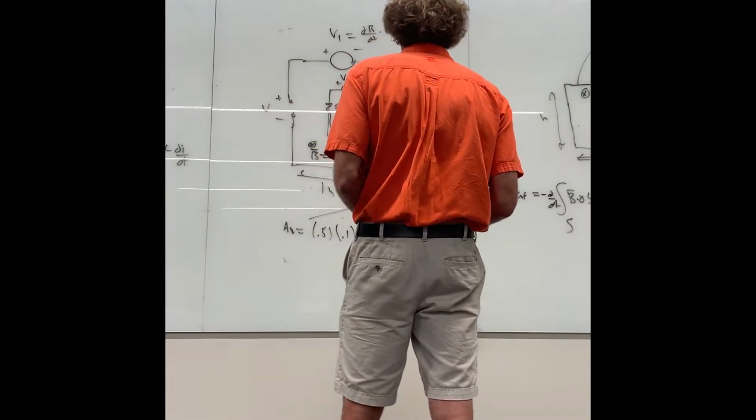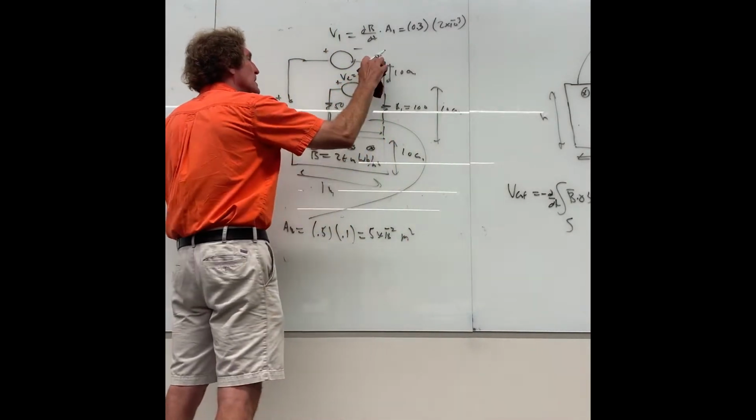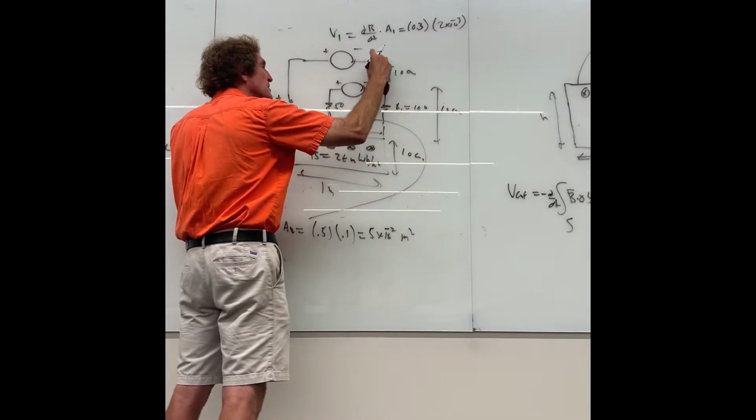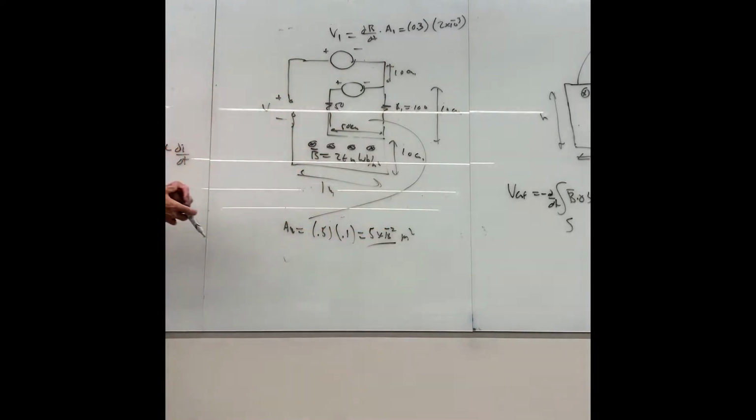And it's times dB/dt, so the actual voltage here, V2, I'll try to make this a little easier to understand. This V2 right here is going to be equal to 5 times 10 to the minus 2 times 2 times 10 to the minus 3, isn't it, class? It's dB/dt, which is 2 times 10 to the minus 3 times the area of the second one. And what is that going to be?